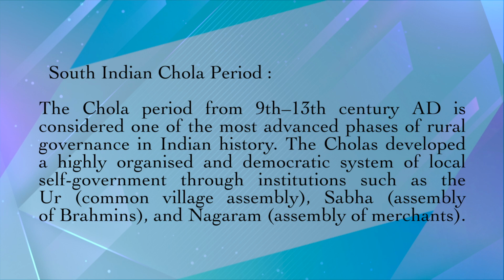The Cholas developed a highly organized and democratic system of local government through institutions such as the Ur, which was actually a common village assembly, the Sabha, which was an assembly of Brahmins, and Nagaram, an assembly of merchants.